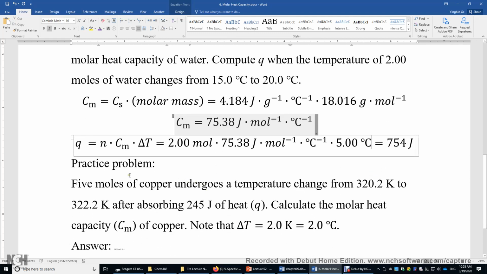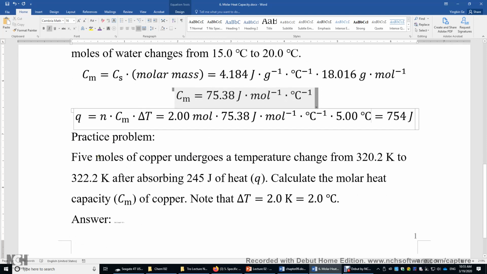Now I'll let you work on a practice problem. 5 moles of copper undergoes a temperature change from 320.2 Kelvin to 322.2 Kelvin after absorbing 245 joules of heat. Now let's calculate the molar heat capacity of copper.